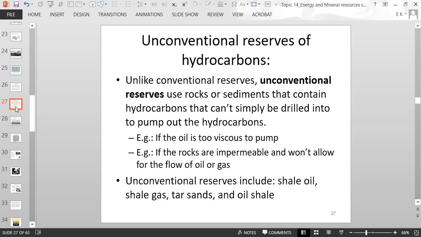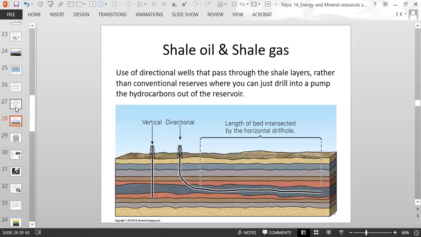For example, if the oil is too viscous to pump out, or if the rocks are impermeable and won't allow for the flow of oil or gas, then you can't just simply drill into and pump out the hydrocarbons. So unconventional reserves include shale oil, shale gas, tar sands, and oil shale. And then I'll explain.